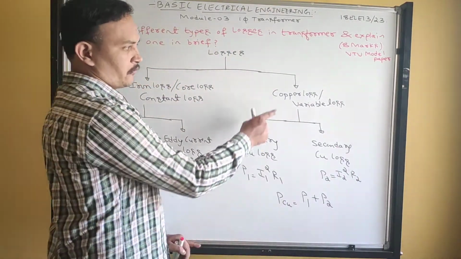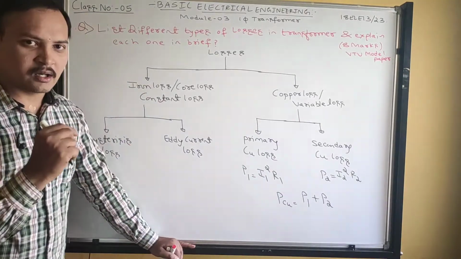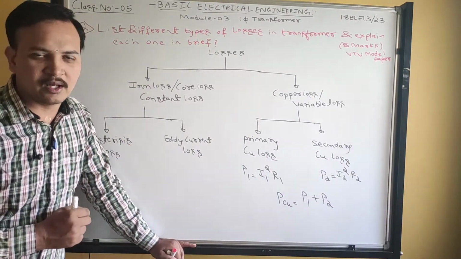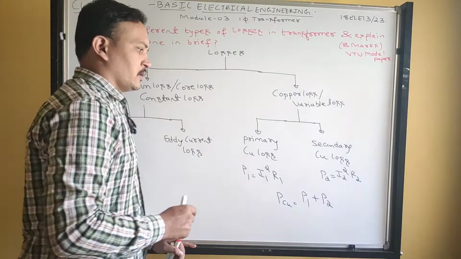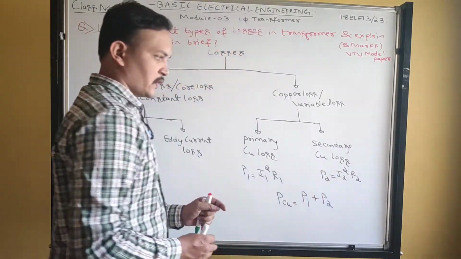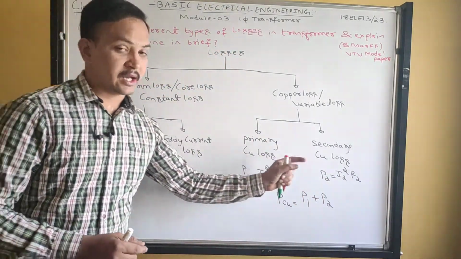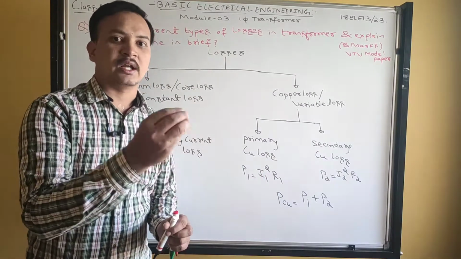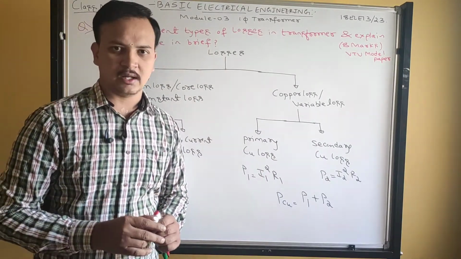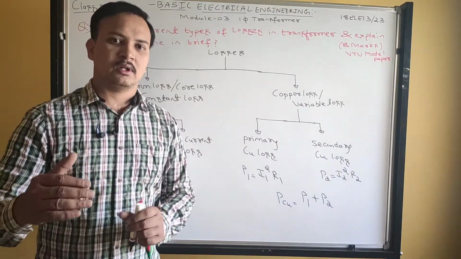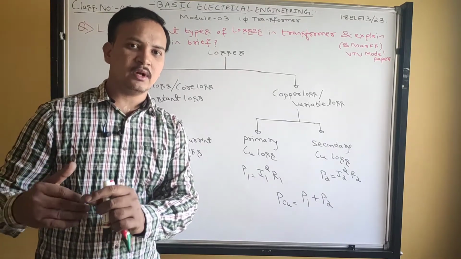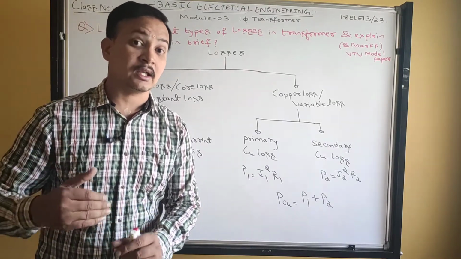Another name for copper loss is variable loss. Why is it called variable loss? Because when the transformer is loaded, the winding which is connected to the load is called the secondary winding. If the load on the secondary side increases, the secondary current increases.